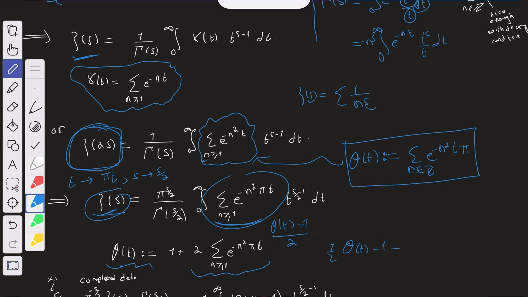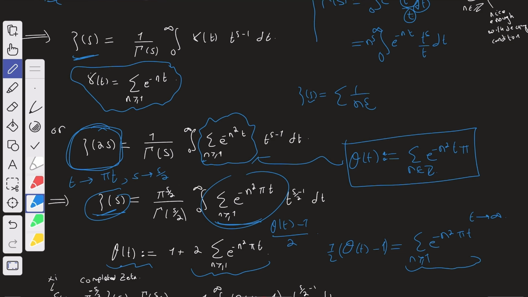So 1 over 2 times that is equal to the sum of e to the minus n squared pi t, as n runs from 1 to infinity. So as t goes to infinity, this function has an exponential decay, and hence it's nice.